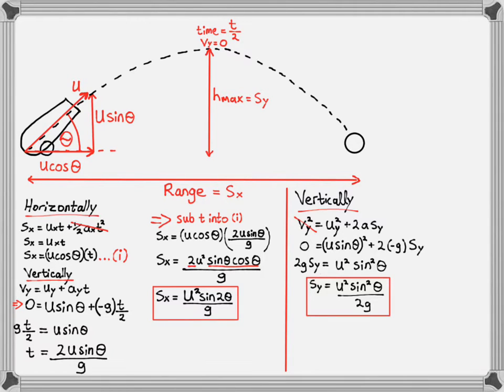Okay, so if given a question where you're asked to find the range, in other words the horizontal displacement, or the maximum height, in other words the vertical displacement at a velocity of 0 meters per second, and you don't have the time, then you need to be able to derive one of these equations in order to solve that question. So you need to be familiar with these equations and exactly how to derive them.